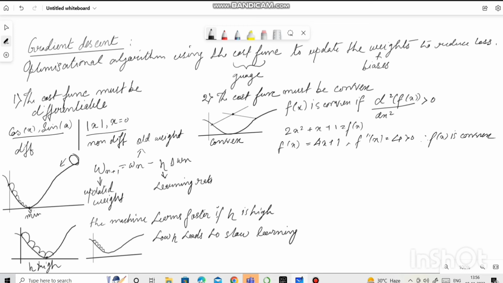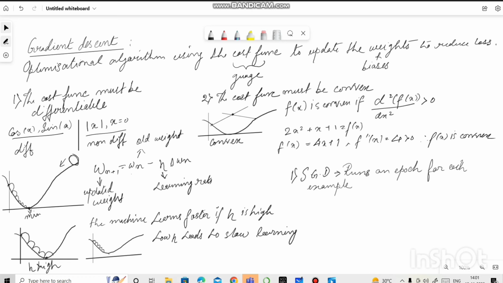Now this is how the learning happens. That is, the weights and biases are updated in order for us to reduce the loss. Now there are a few kinds of gradient descent. One being stochastic gradient descent or SGD.